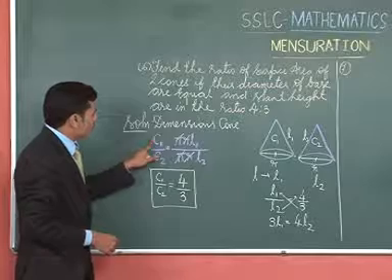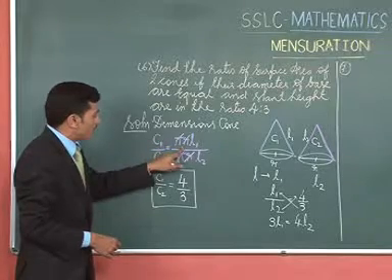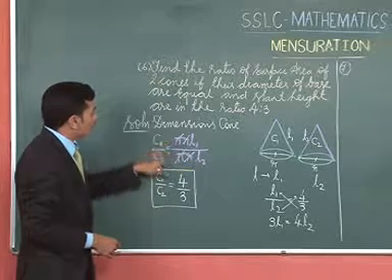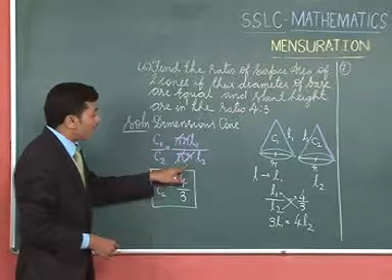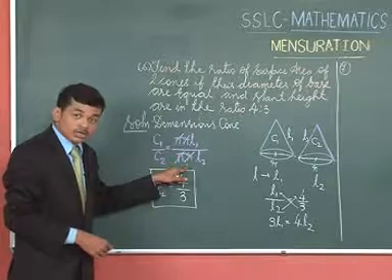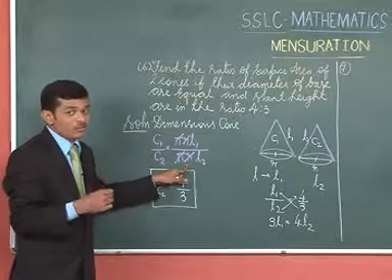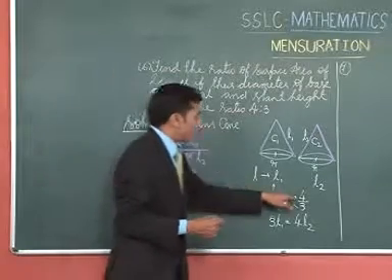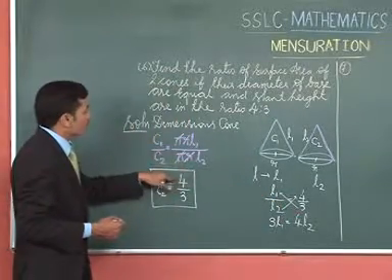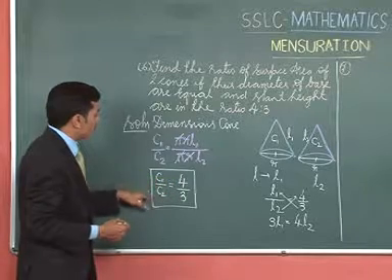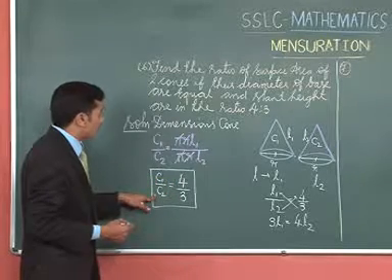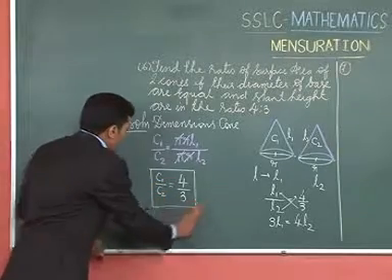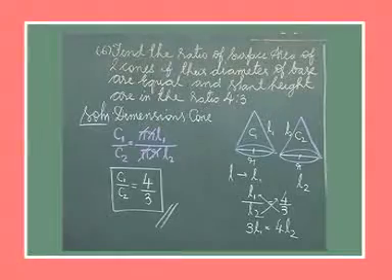So we have substituted the value of C1 here, that is pi r L1, and C2 here which is equal to pi r L2. Here pi got cancelled and r got cancelled as diameter of both the cones are equal, hence the radius of both cones are equal. Now L1 by L2 we already know the value, it is 4/3. So just substitute here, you will get 4/3. C1 by C2, that is the ratio between the surface area of both the cones, is equal to 4/3, which is the answer for the problem.